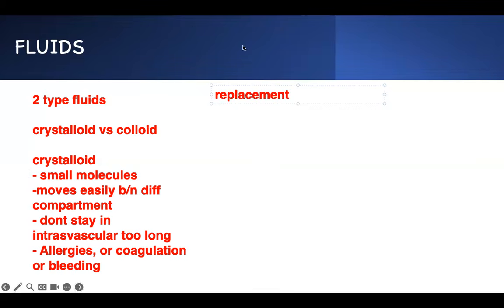The other one is the colloid. Okay, they're different. They're completely different structures altogether. So the colloid, as the name sounds, they want to look like albumin. You know, albumin in your body? These are synthetic.